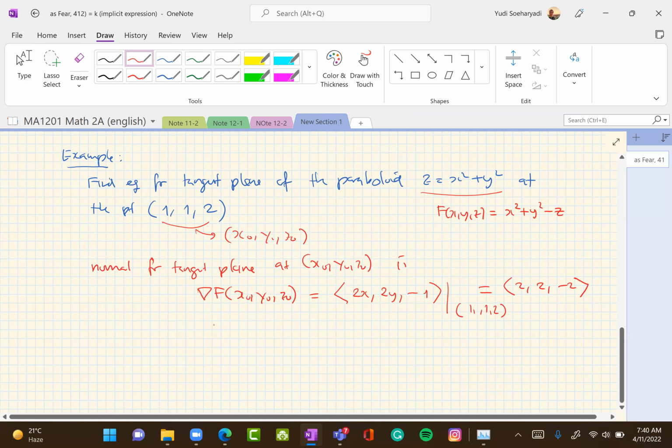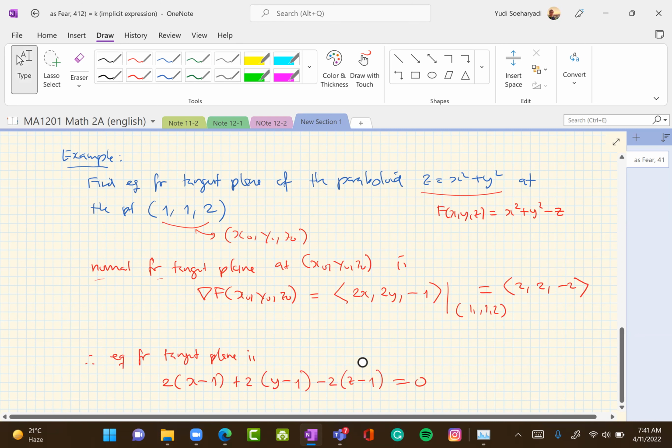That is the normal vector. So the equation for the tangent plane is 2(x minus 1) plus 2(y minus 1) minus (z minus 2).